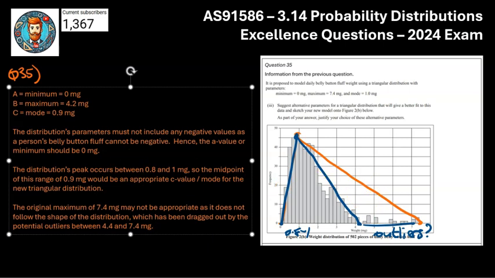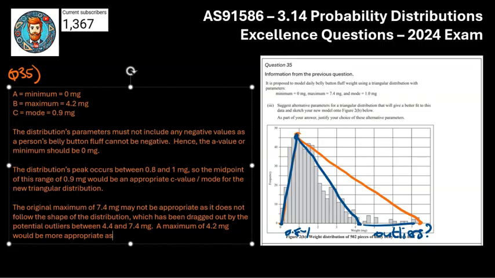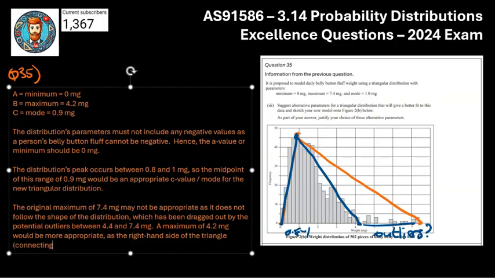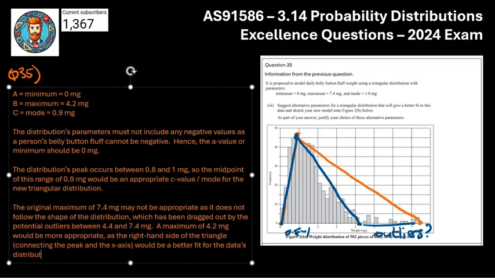So let's talk about the new maximum, which I've put down as 4.2. So a maximum of 4.2 milligrams would be more appropriate, as the right hand side of the triangle connecting the peak and the x-axis would be a better fit for the data's distribution.